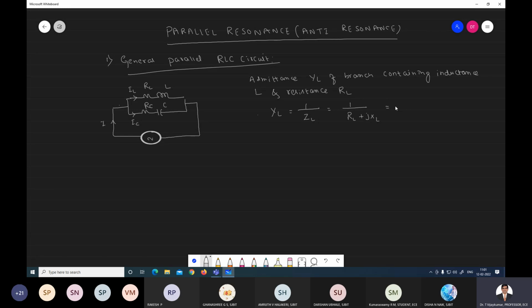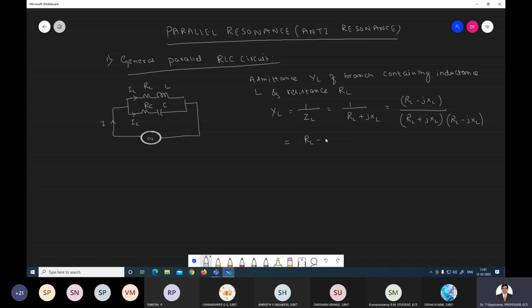So 1 by, what is the total impedance in that branch? RL plus jXL. You have to rationalize this term: RL minus jXL divided by RL plus jXL into RL minus jXL. Now simplify this.